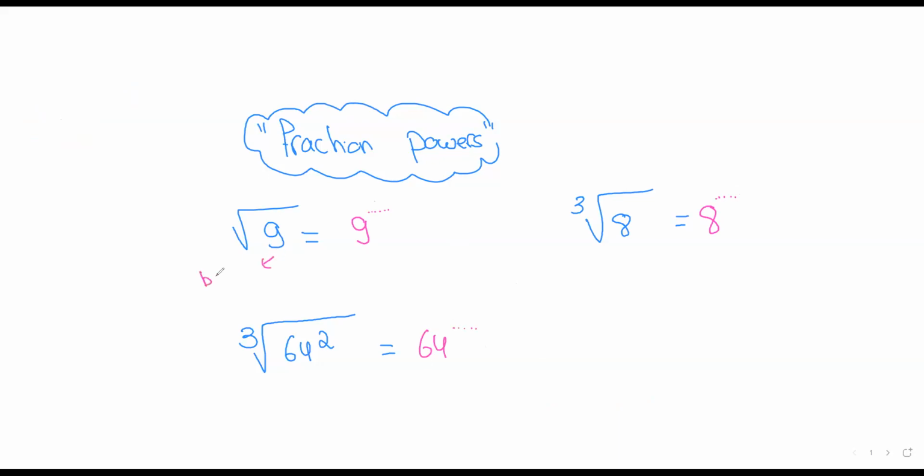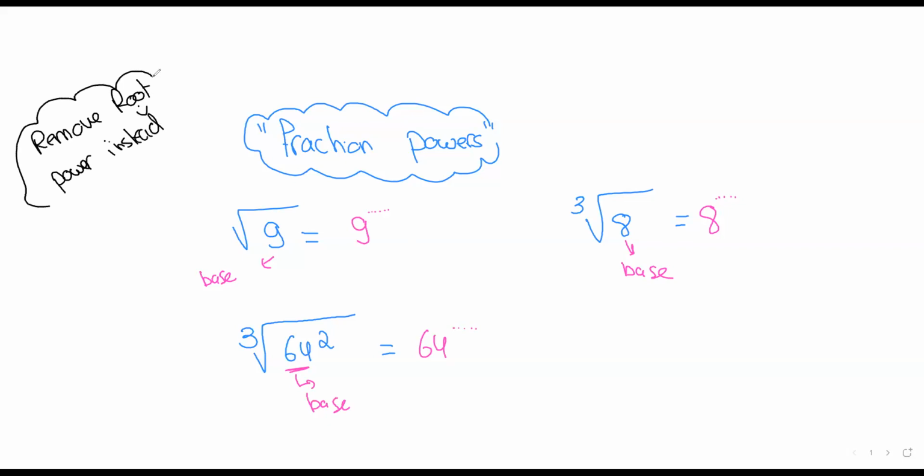Again, the 9 is called the base, the 8 is called the base, and the 64 is called the base. So what am I required to do now? I am required to remove the root symbol and put a power instead on the base.